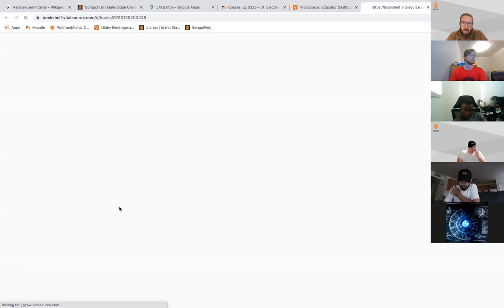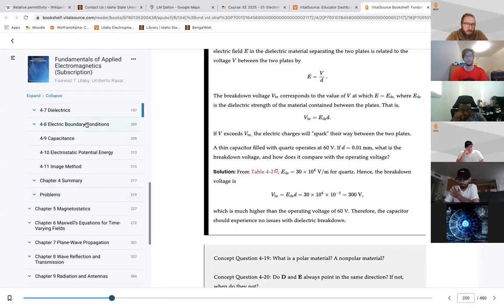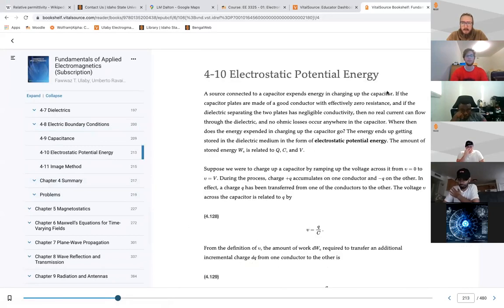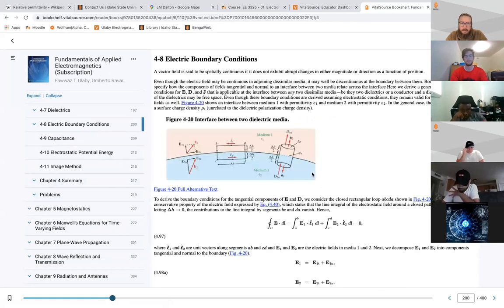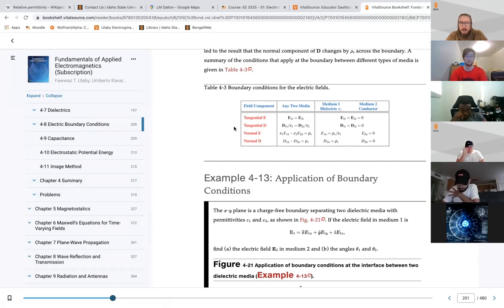See if I can pull it up. So this table will also be printed into your exam.